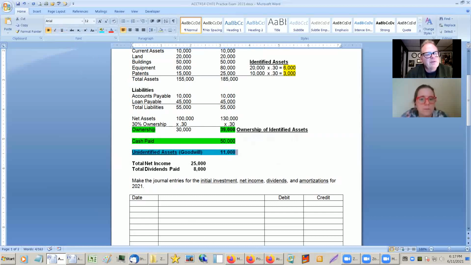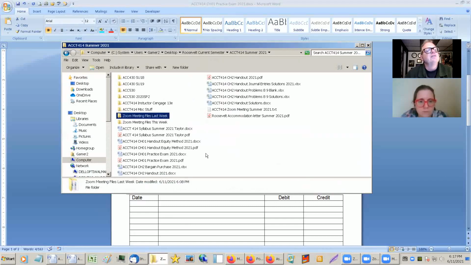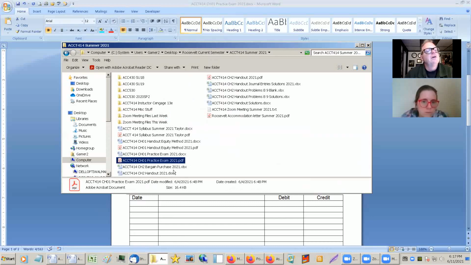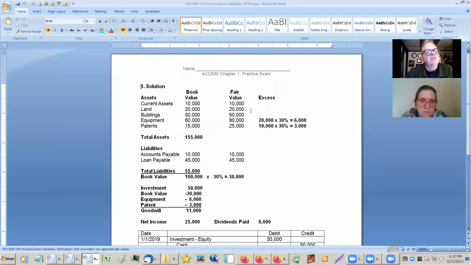Let me see if I have a solution. I should have a solution for it. This came out of a motor solution.